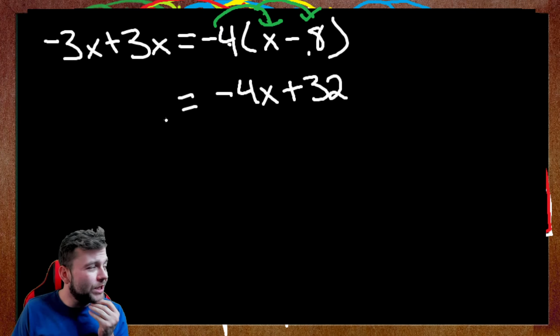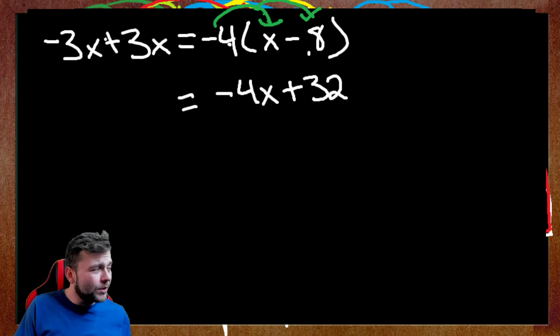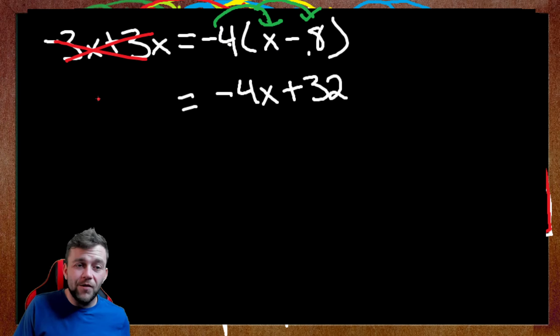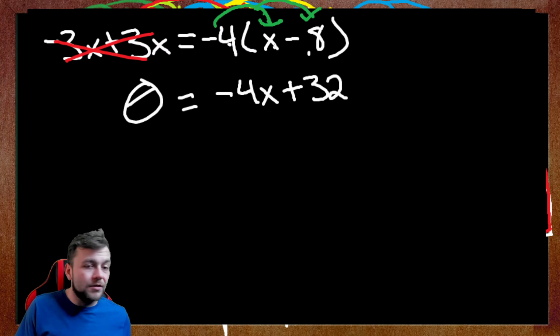And everything in between, negative 3x plus 3x, cancels out. That's 0. They're inverses of each other. Okay? Now, how do we handle this? Same as any other problem. So you have a negative 4x plus 32.